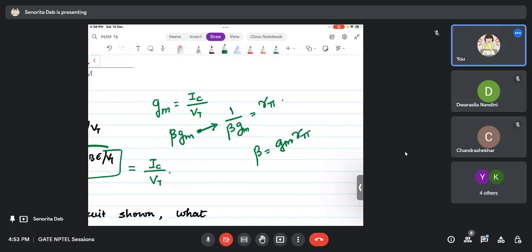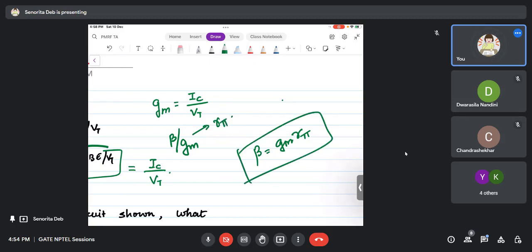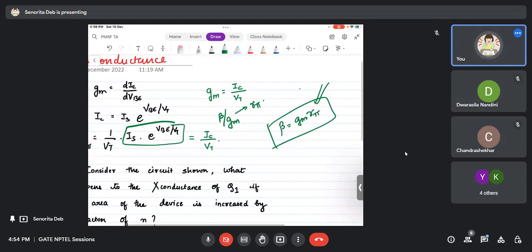I wrote it wrong, sorry. This is beta upon GM. So beta upon GM is nothing but R pi, and therefore beta is equal to GM times R pi. This is also something that we normally use, and this is the formula.